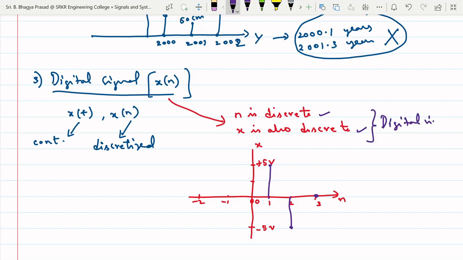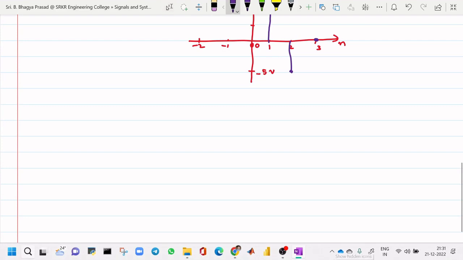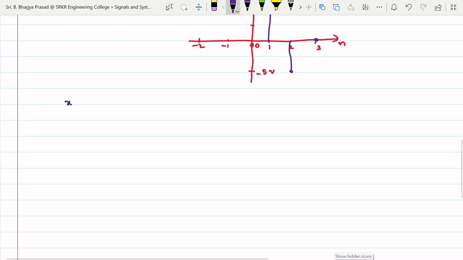digital signal. Okay, so how do we generate this continuous time signal and discrete time signal? The continuous time signal x of t, if you sample this signal at regular intervals of time, I take a switch and I close the switch at regular intervals of time, and that interval time is Ts, that is nTs.